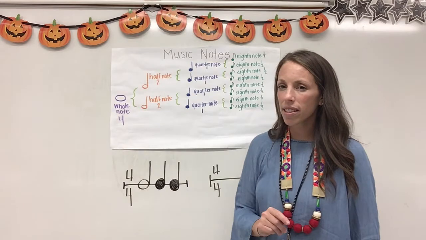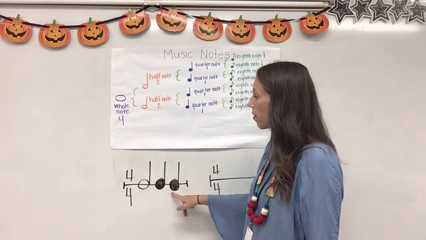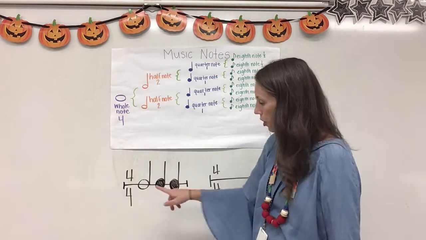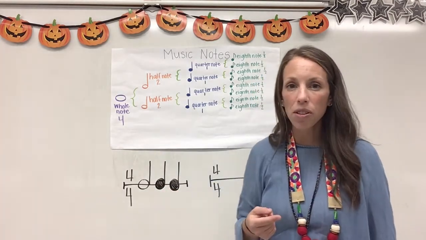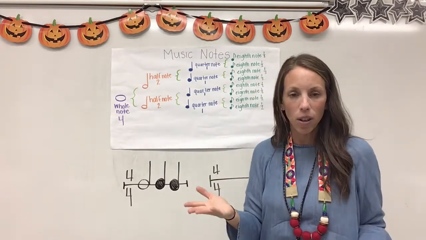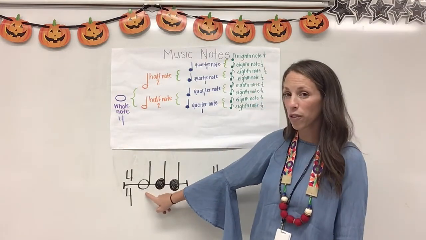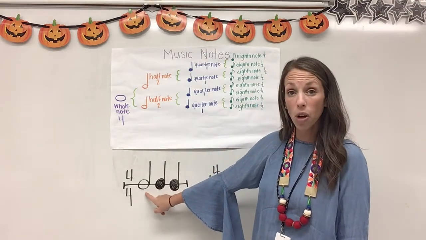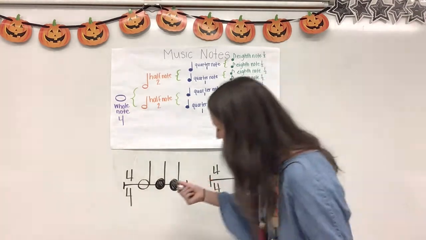Now, let's practice counting our beats. We have practiced this before, but now it's a little bit more difficult when we have different notes in a measure. Remember, when we count our beats, we always start with beat 1. A measure will always start on beat 1. So this half note would start on beat 1.